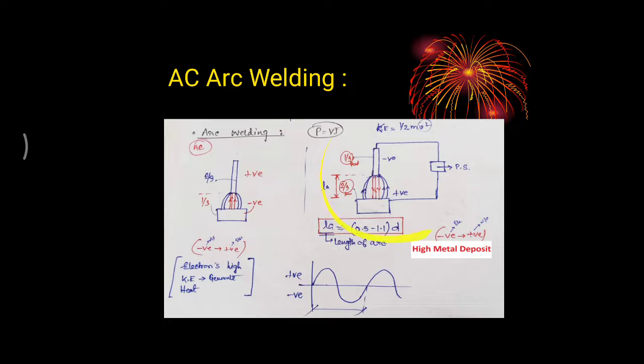And what does this picture show? The polarity is reversed, meaning the electrode is negative and the workpiece is positive. The difference is that 2/3 of the heat will be in the workpiece and 1/3 in the welding electrode.